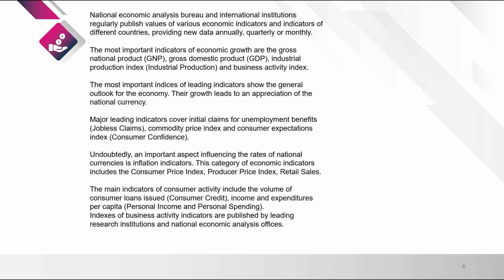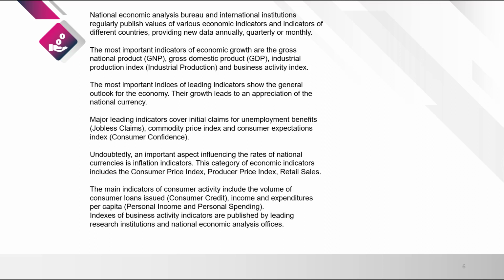National economic analysis bureaus and international institutions regularly publish values of various economic indicators of different countries, providing new data annually, quarterly, or monthly.